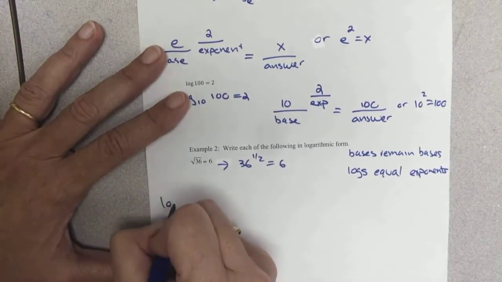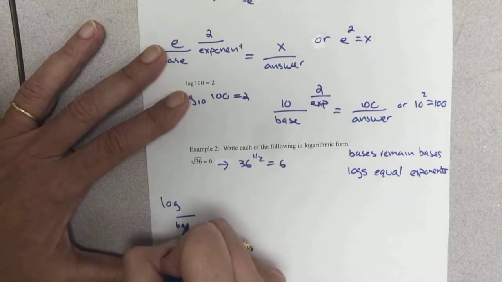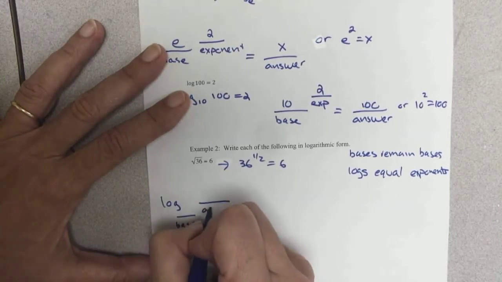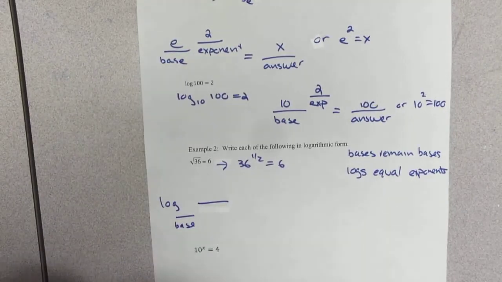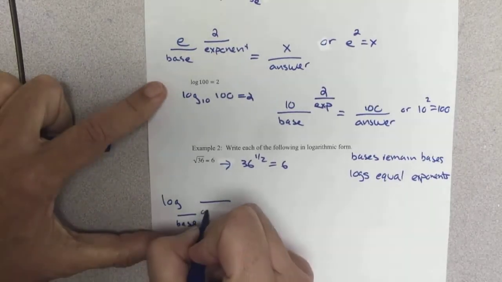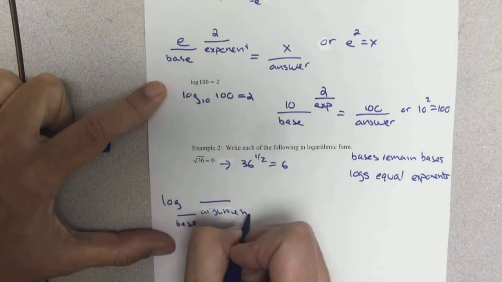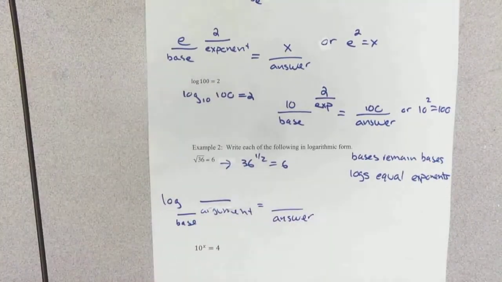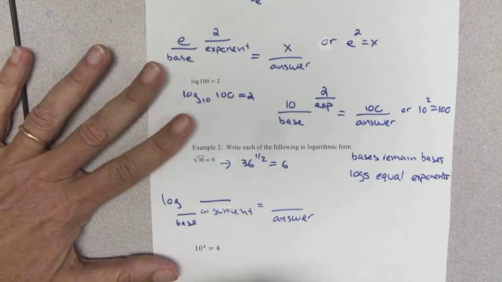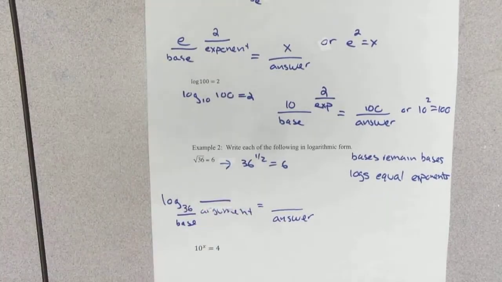This time we're going to have a log with some sort of base and an argument equal to some sort of answer. There's my fill in the blank structure. Bases remain bases. My base is 36. So log base 36.